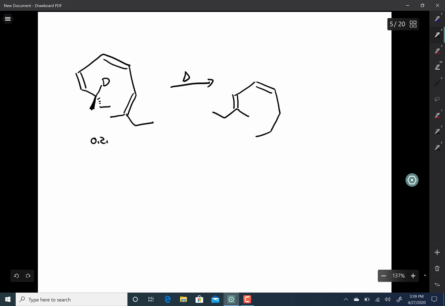And you end up getting a mixture of these two products that are optically active. And the stereochemistry of these two are dependent on the stereochemistry of this.